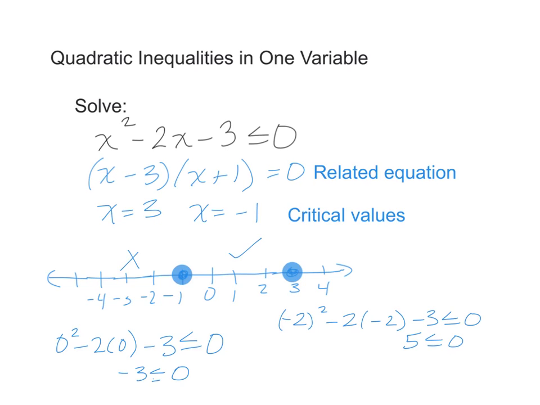False. So it's not that. And if I quickly also test the right side, does that come out to 4 or 5? 5? It's less than or equal to 0, so it's also false.